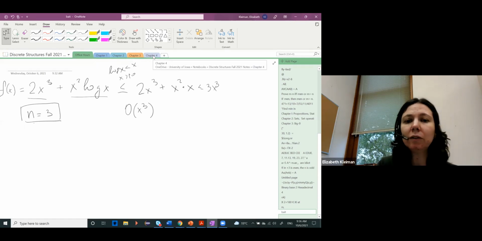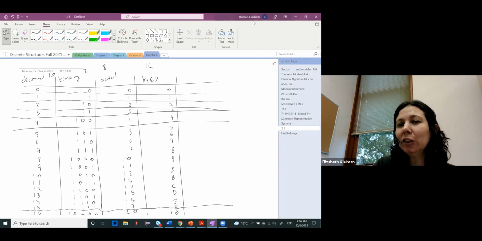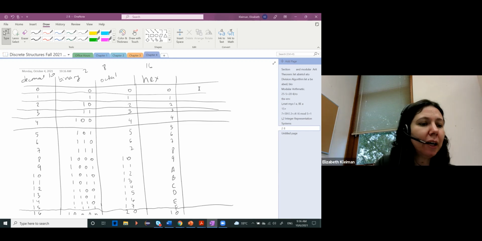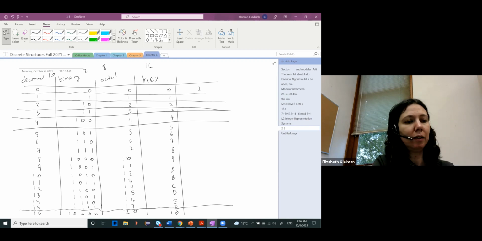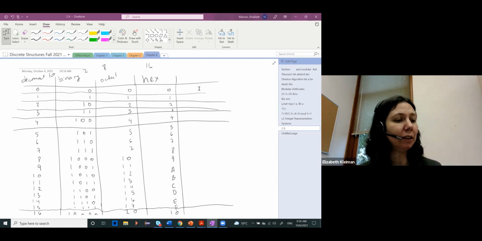Okay, if there are no questions, let's move on to our cool enumeration systems. In the enumeration systems, we have decimals, binary, octals, and hexadecimals. As I mentioned, decimals are our standard enumeration system.